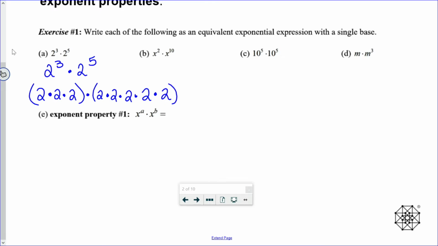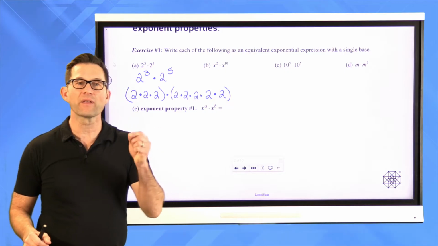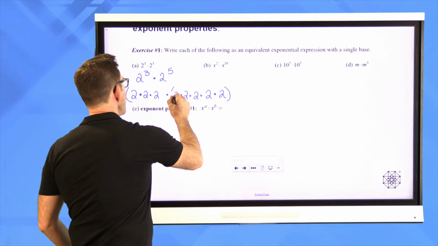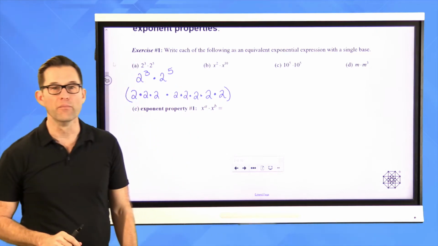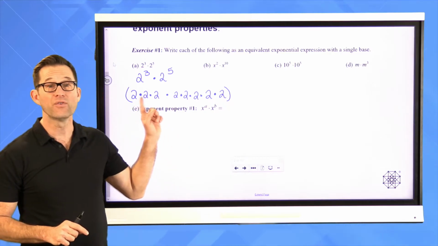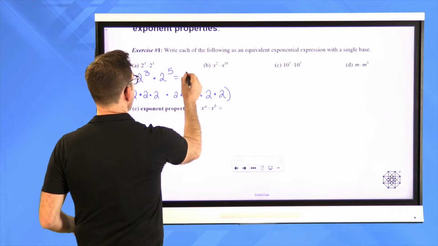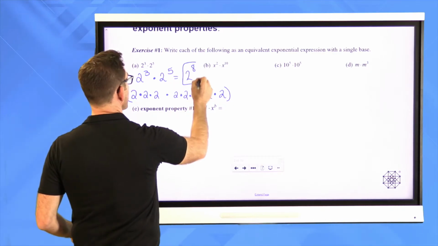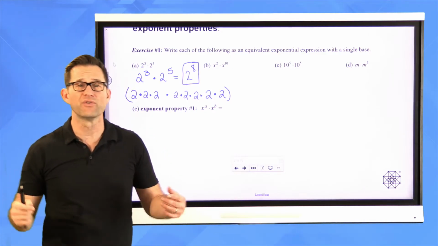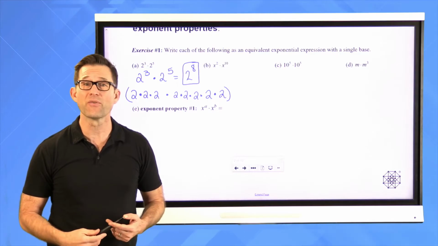That's really what that expression means. But because multiplication is associative, I can group this any way I want, so I can literally remove those two parentheses, and now I can say this is 1, 2, 3, 4, 5, 6, 7, 8. This is the same as 2 to the 8th. So 2 to the third times 2 to the fifth is equal to 2 to the 8th, and it makes sense because there are 8 2's multiplying each other together.